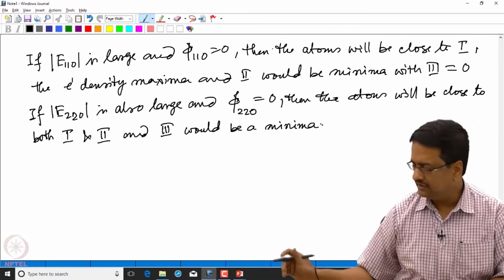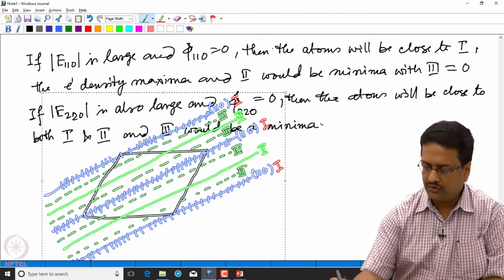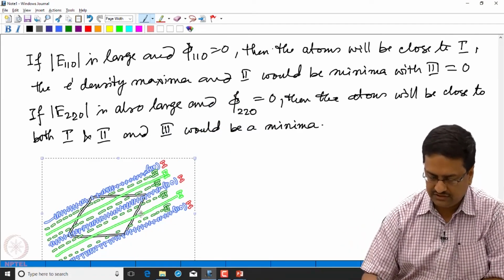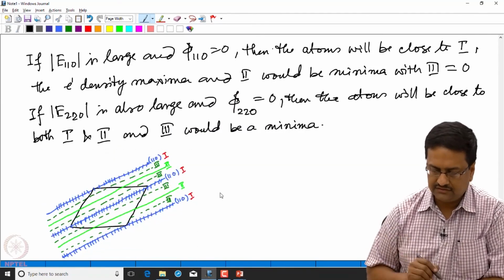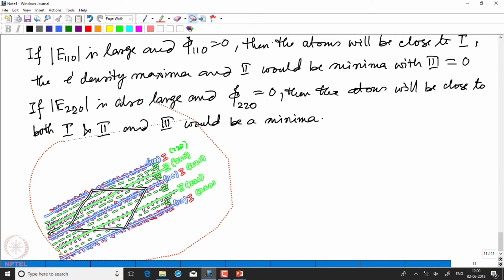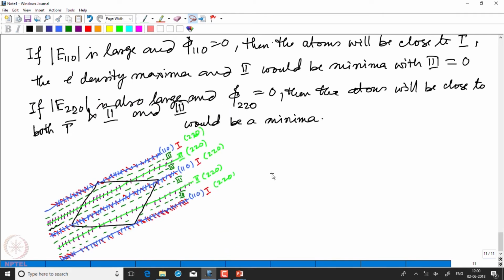Which indicates that the plot we had drawn in the previous slide, which I am trying to bring here as well, indicates that... so this plot here then describes what I have written here.